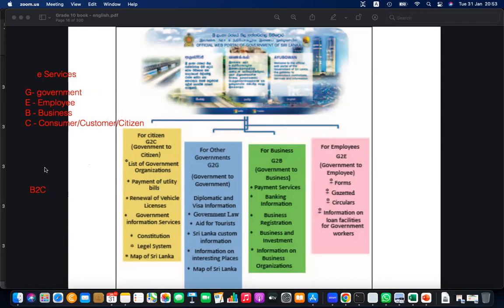Can you give me an example and tell me a B2C e-service? Yes. Ordering on eBay, ordering from eBay is B2C. Someone ordering goods from eBay.